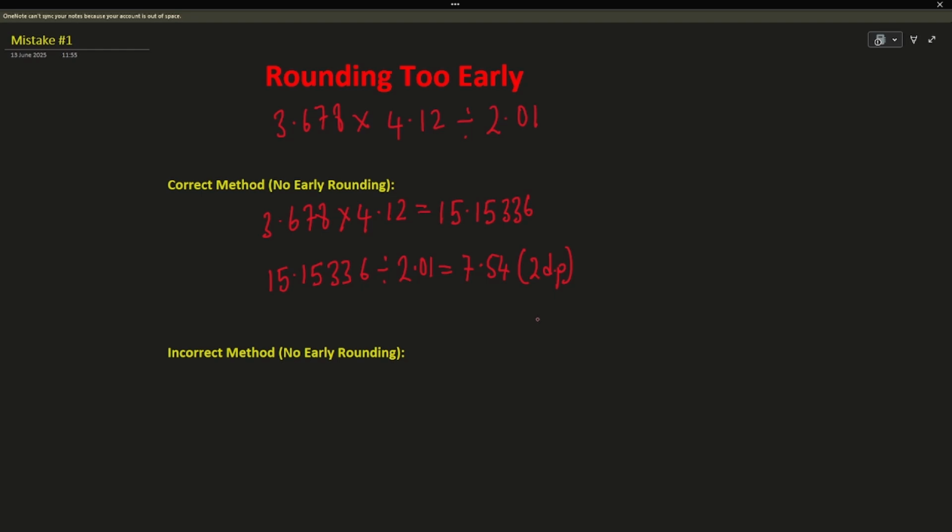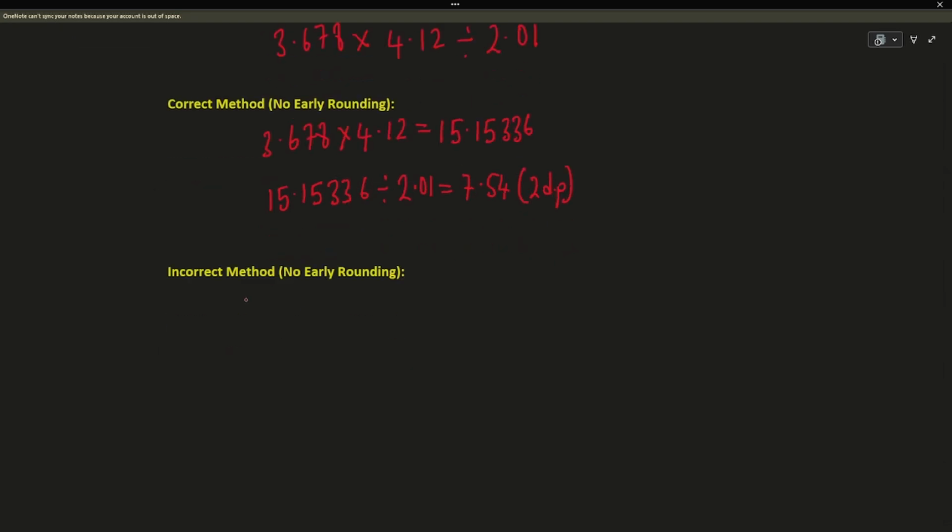That is, we're going to round our values early, before we start our calculation. We round each of the values before we start solving this arithmetic expression.